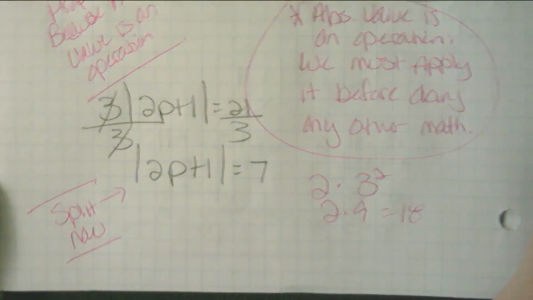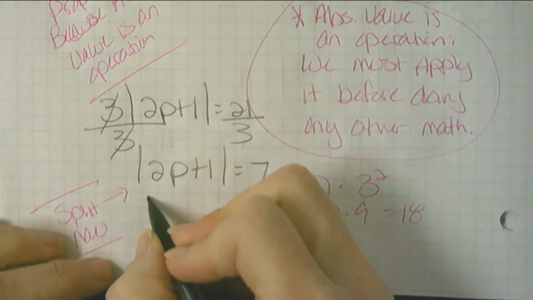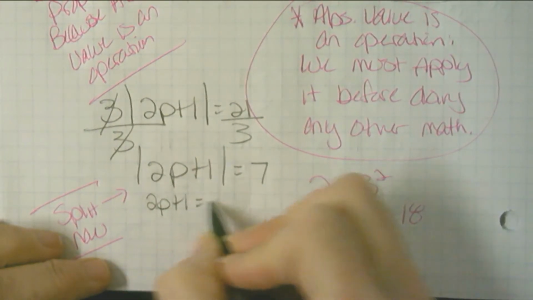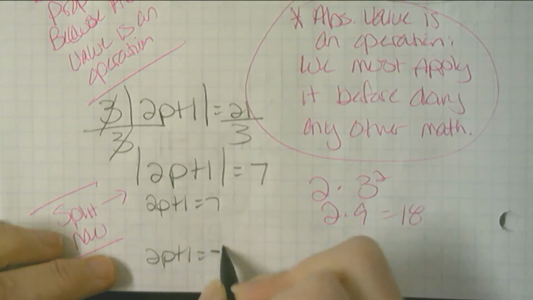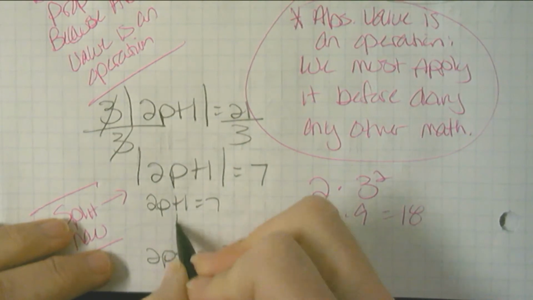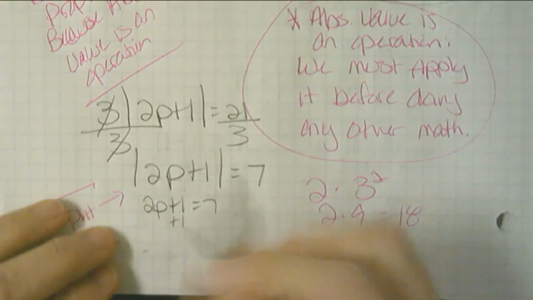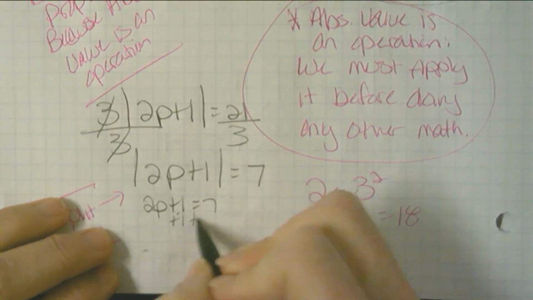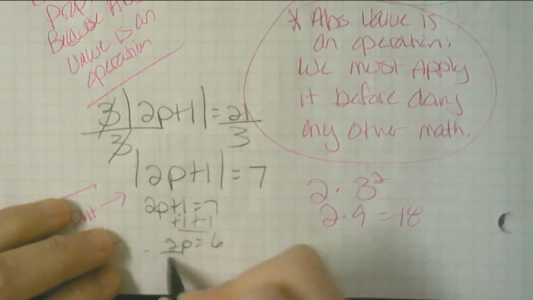So what is this going to look like split? Peter? Excellent. Alright, so I'm just going to do my work here. Oh, those are going to run into each other. I'll do this one first. So I have 2p is equal to 6.